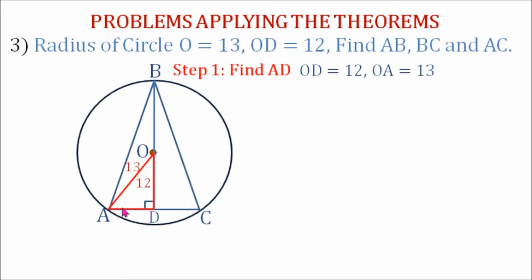Now to find AD, we are going to use Pythagorean theorem. This is the Pythagorean theorem. C squared equals A squared plus B squared. So our hypotenuse here is side OA.